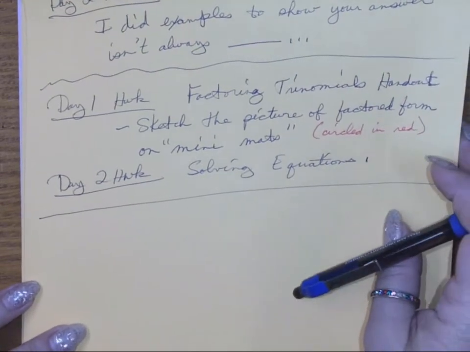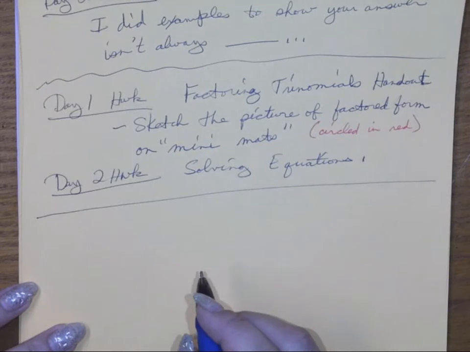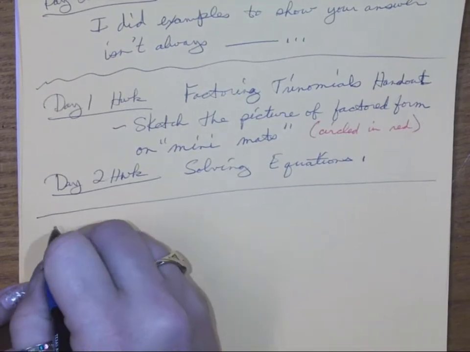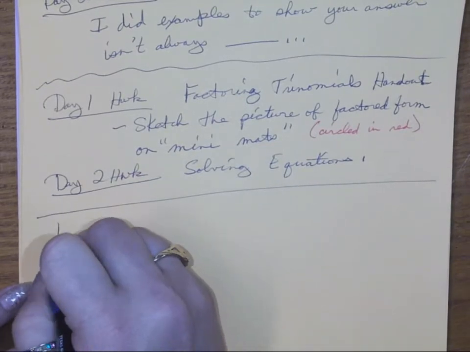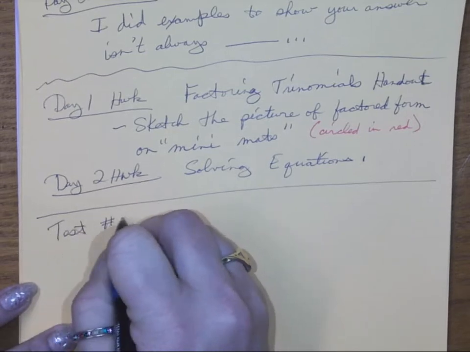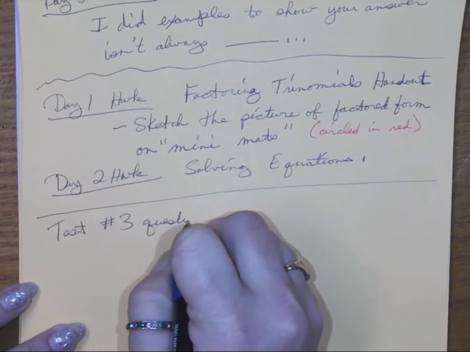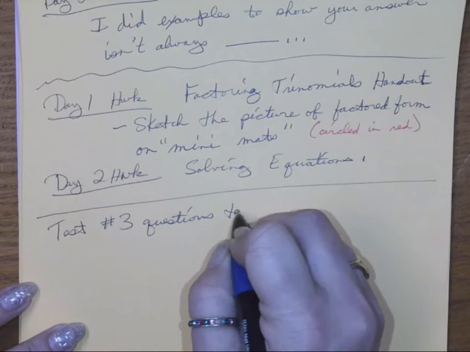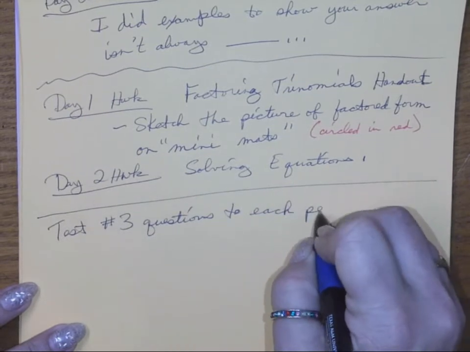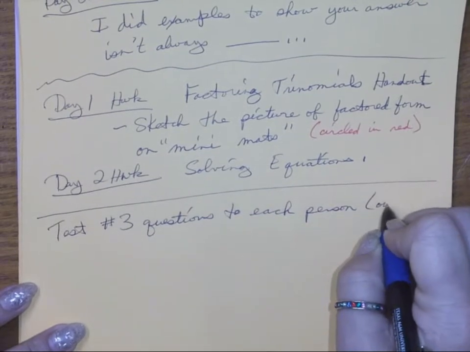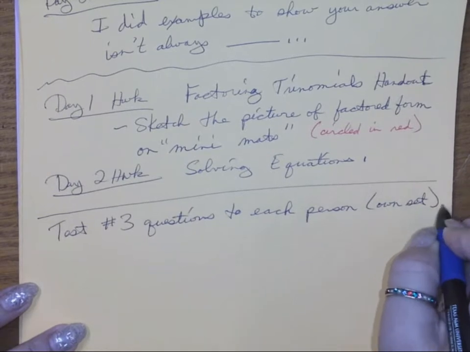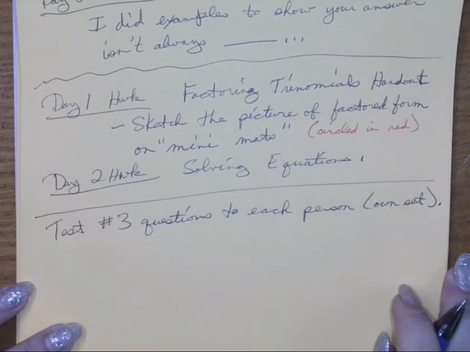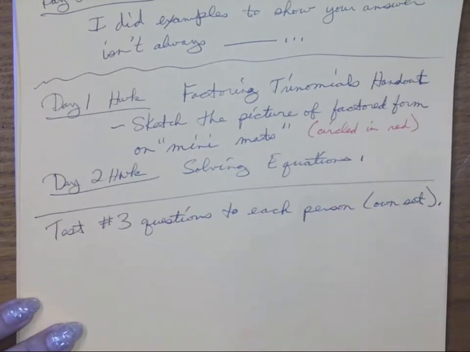Okay, so that's this week. This is week 11, and what I'm going to do is send test number 3 questions to each of you. Each person gets their own set, so your set of problems will not look like somebody else's set of problems. They might be similar.